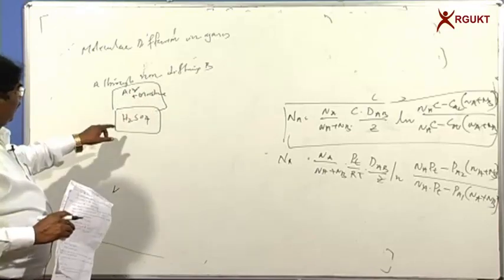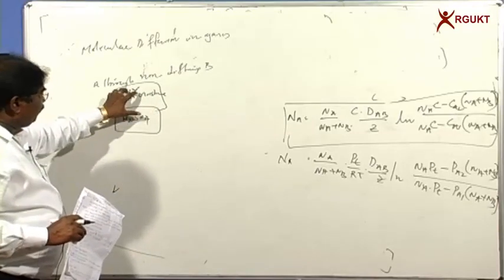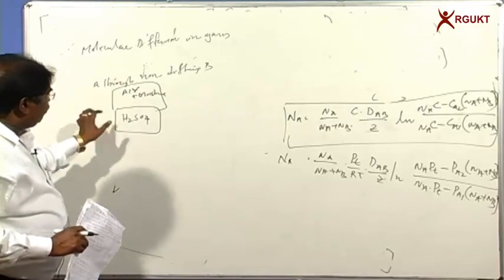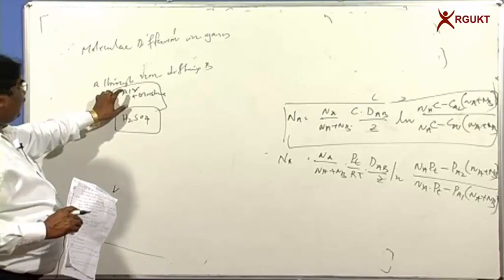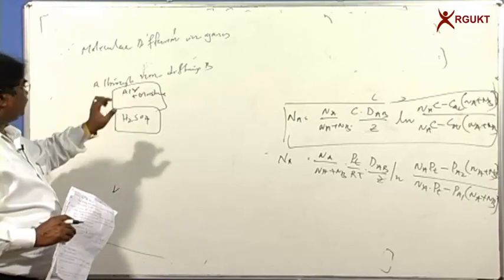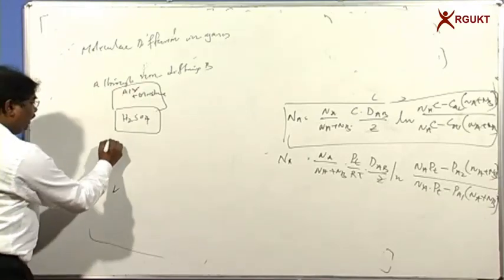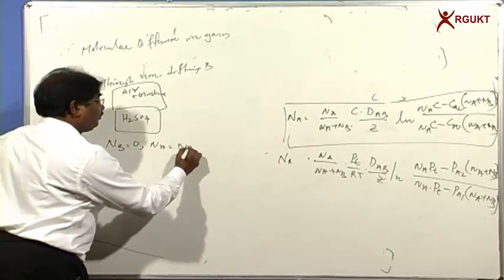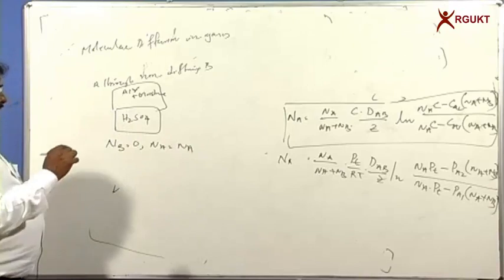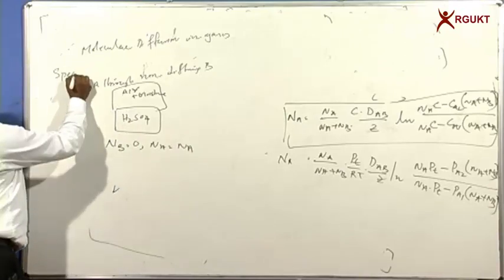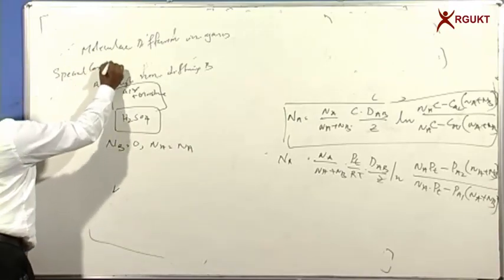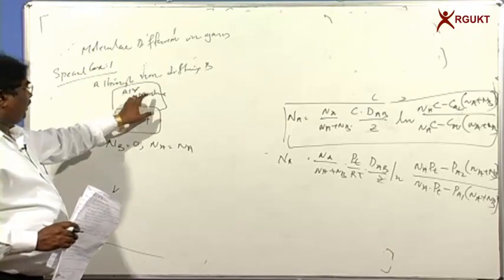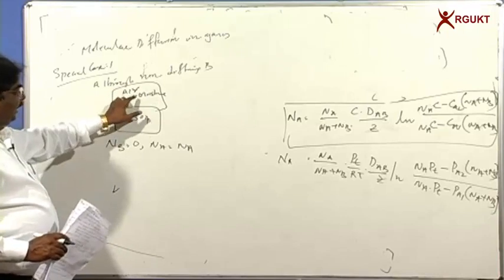Now if you look at this whole problem, only one component is diffusing from the gas phase to the liquid phase, no other molecules are moving. If you take air as the B molecules and moisture as the A molecules, your Nb is equal to 0 and your Na is equal to some value of Na. This is special case 1, A through non-diffusing B, where A is only diffusing and B is not diffusing.